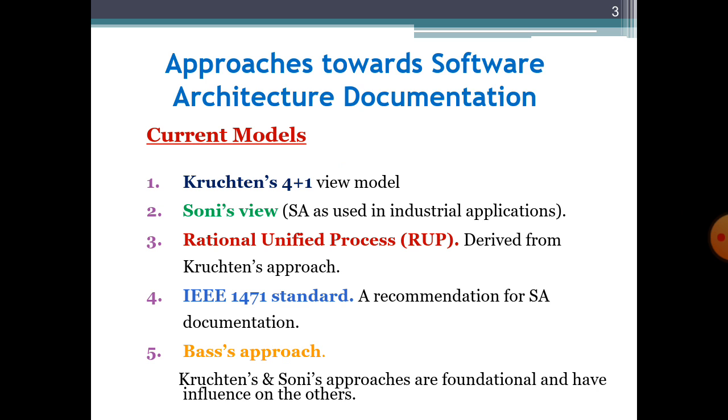Now in this lecture we will discuss the Rational Unified Process approach, which is almost the same and is derived from the 4 plus 1 view approach. And then we will see the IEEE 1471 standard, and then we will also see the Bass approach.